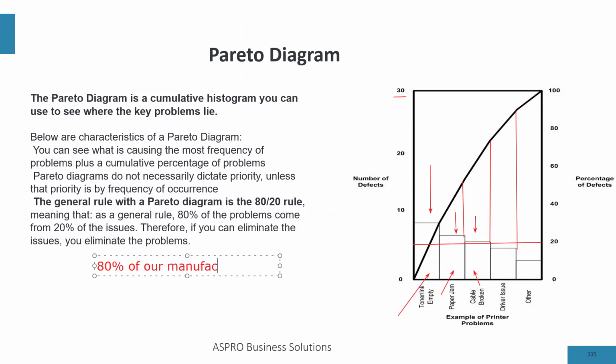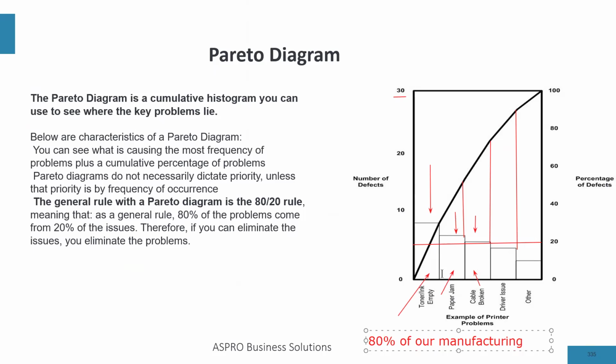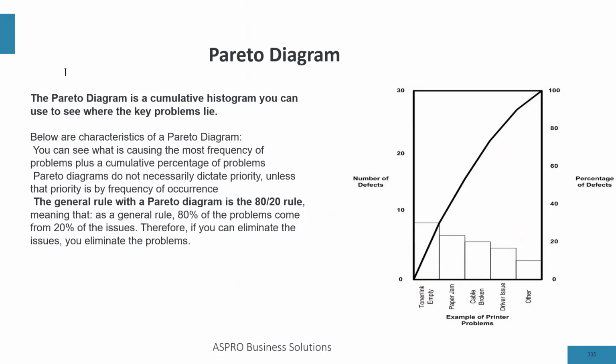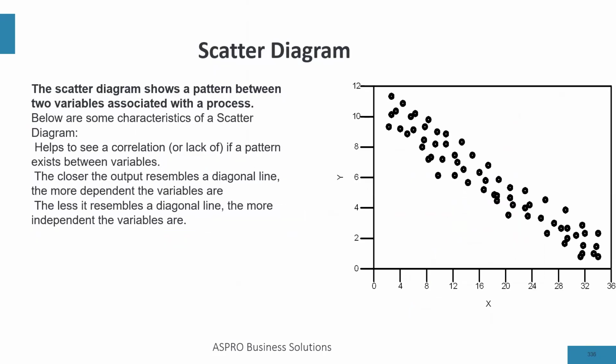So using Pareto diagram, I can pinpoint the most effective way of solving defects. Because if I can solve these 3, they represent 80% of all the problems we're having in this product. The Pareto diagram can help you to prioritize on which defects you need to solve.